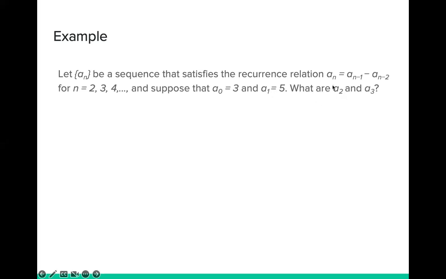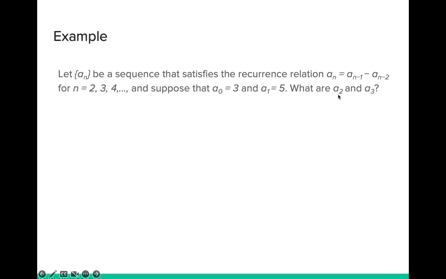What are the values of a sub 2 and a sub 3? This is considered a recurrence relation because a sub n is expressed with two previous terms, a sub n minus 1 and a sub n minus 2.